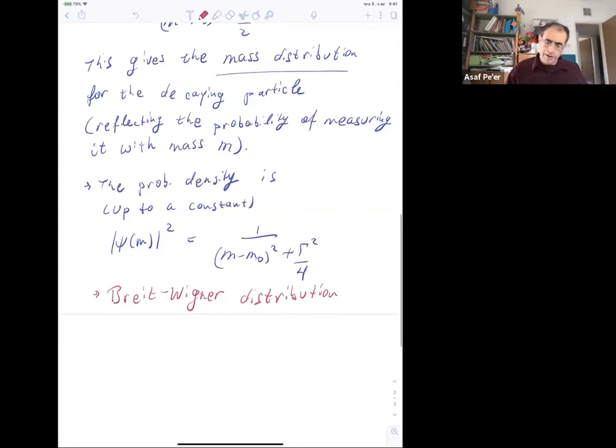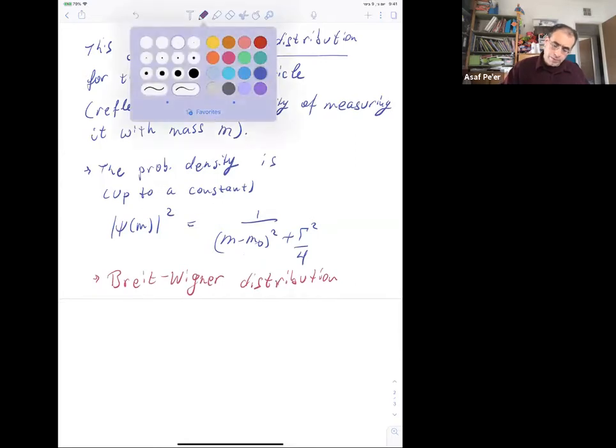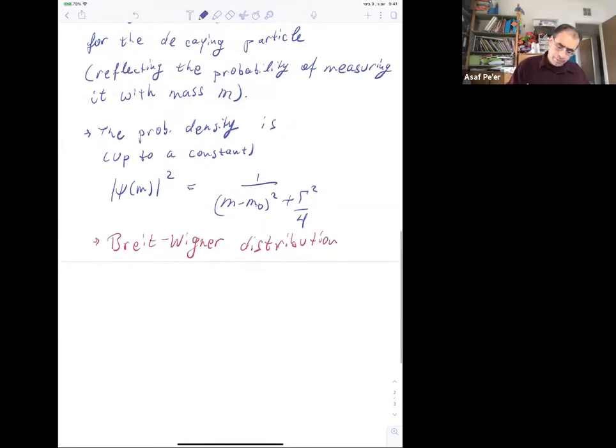So if I want to plot it, it will look something like that. It's the probability of psi of m. This is the center, m0 c squared, plus or minus gamma.